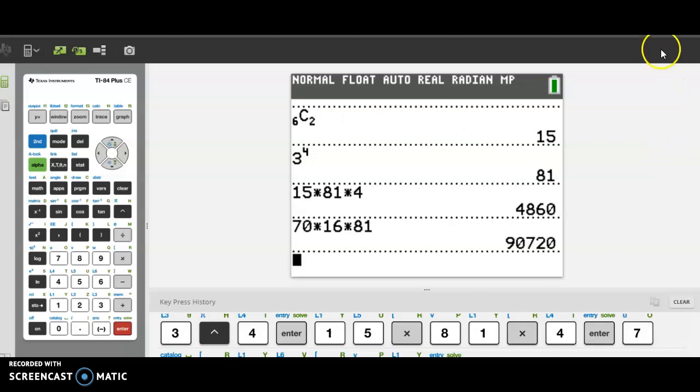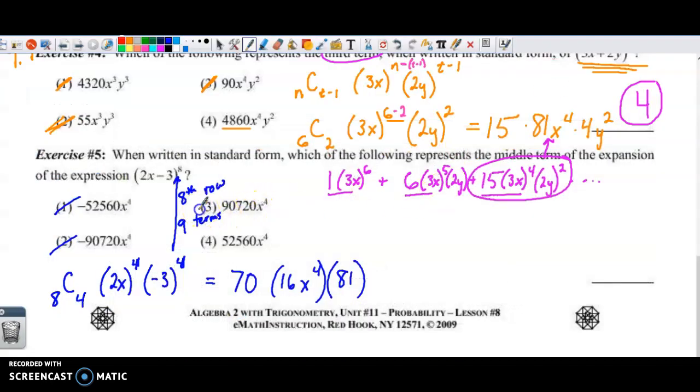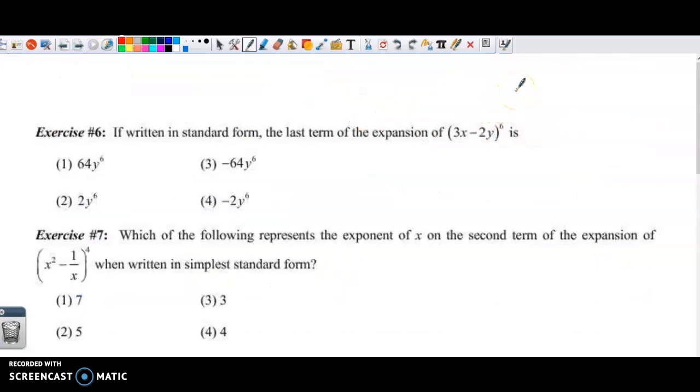To get 90,720. 90,720, option 3. But you are more than welcome to use Pascal's triangle and write out the entire binomial expansion. But you only need that middle piece, that middle term, which is why we have that.